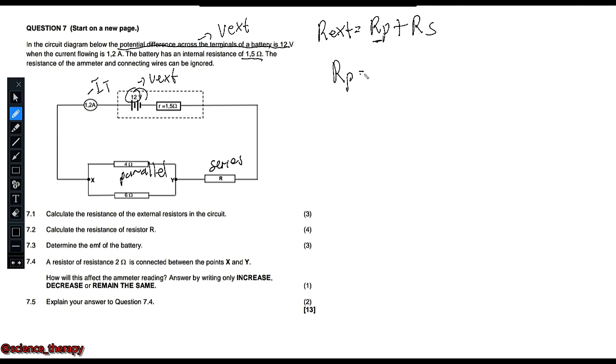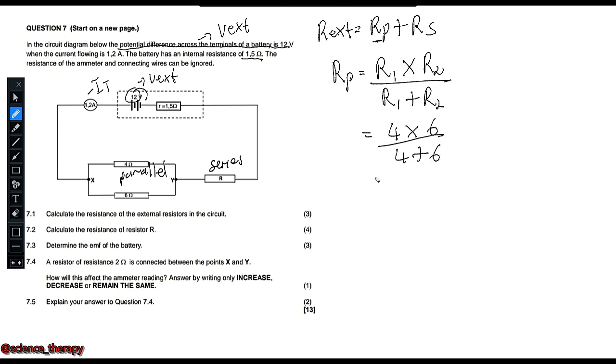R parallel is equal to R1 multiplied by R2 over R1 plus R2. I'm using the product over sum formula. So that's 4 multiplied by 6 over 4 plus 6, and I get 2.4 ohms.